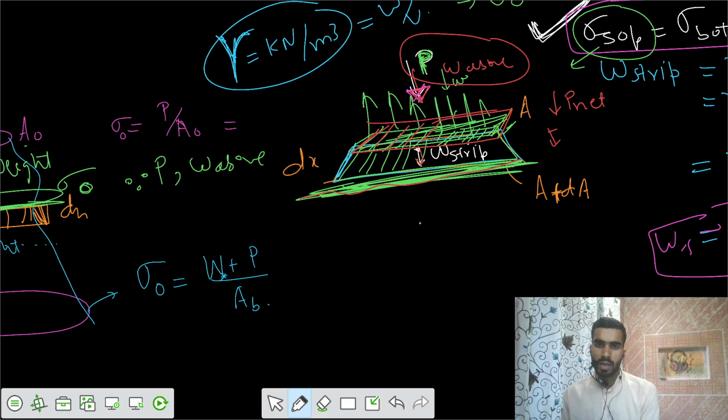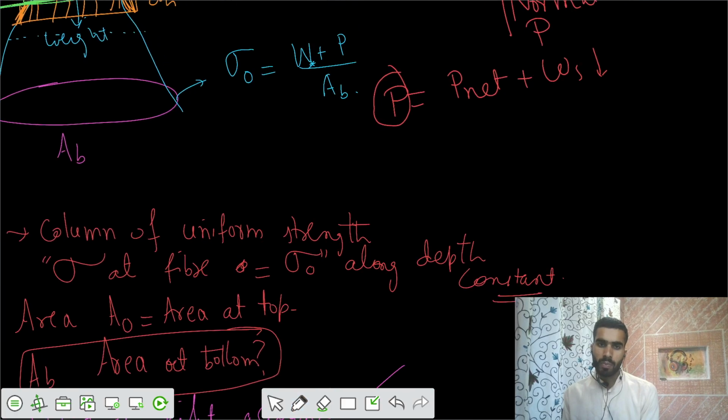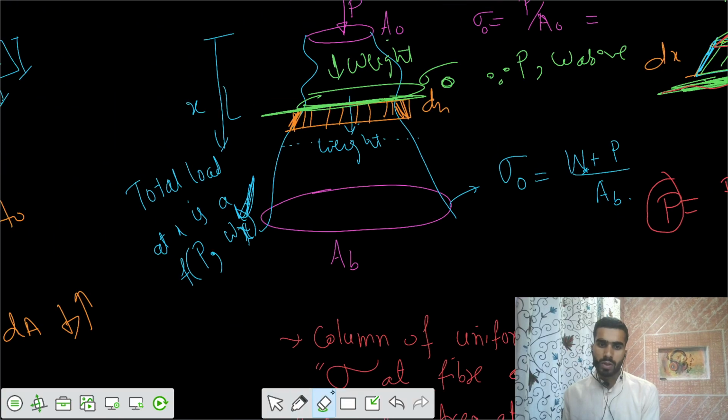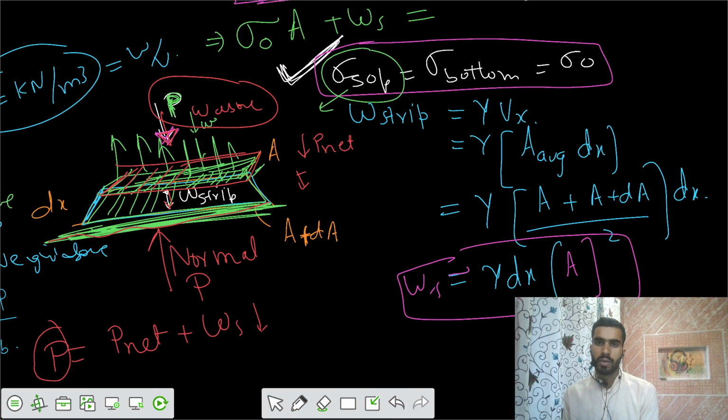To maintain the equilibrium there would be some normal reaction from the bottom, some value of P, such that P equals P net downwards plus the weight of the strip downwards. That is equal to the total downward load, P plus weight above.